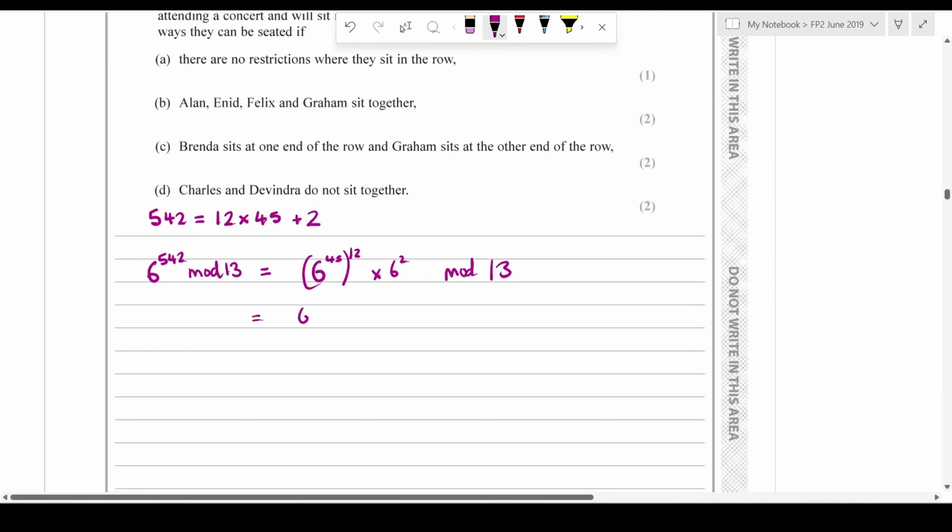So this is going to be 6 squared mod 13. 6 squared, of course, is 36, so we've got 36 mod 13. If we times 13 by 2, that's 26, so we're 10 off. That means we're going to get 10 mod 13. So that's it.